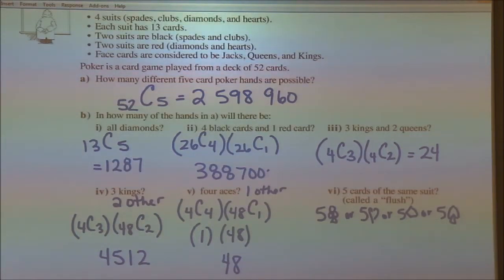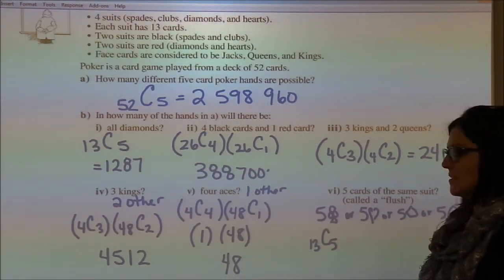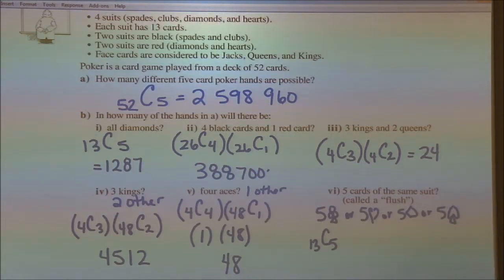So how many ways can I pick 5 clubs? 13C5, the same way that I can pick 5 diamonds. So this would be 13C5 how many times? 4.